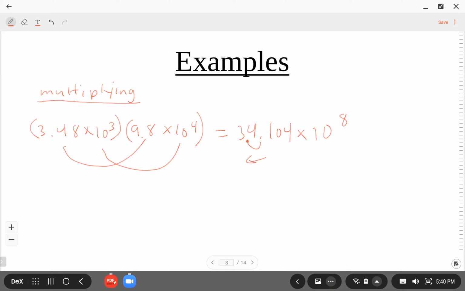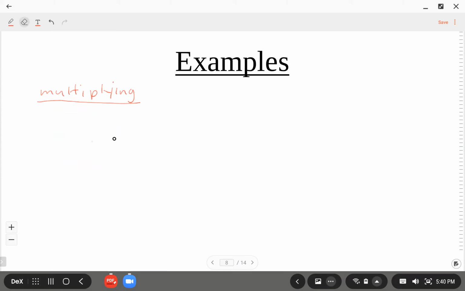So let's go over the other type of multiplying scientific notation. That is going to be, remember that multiplication property we talked about? Yep, that's what we're going to be doing right here.